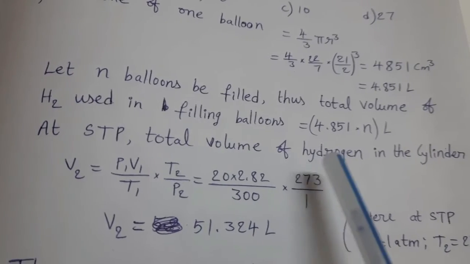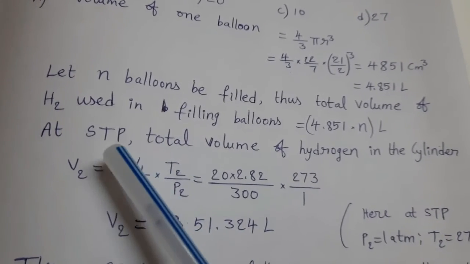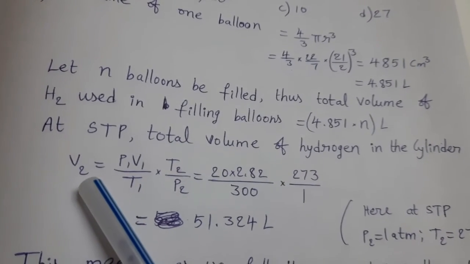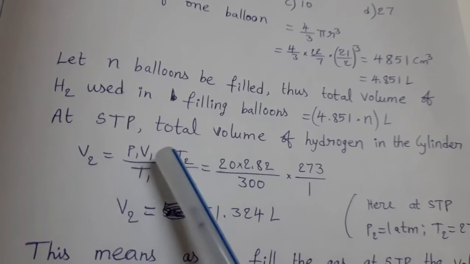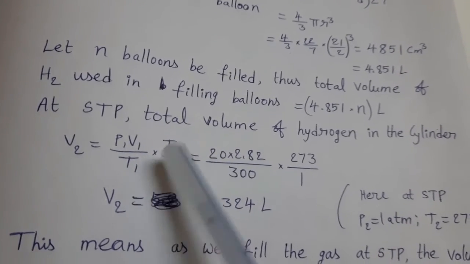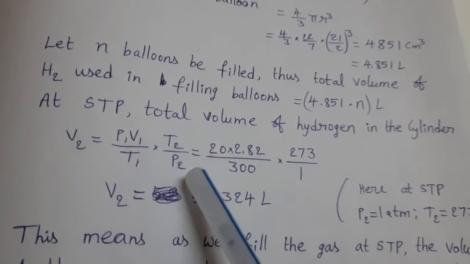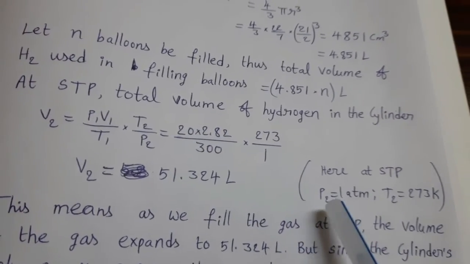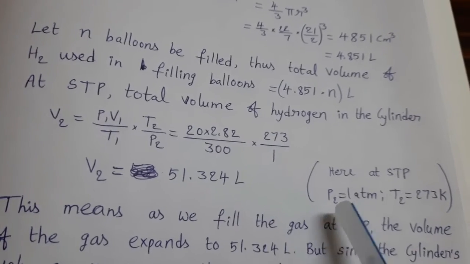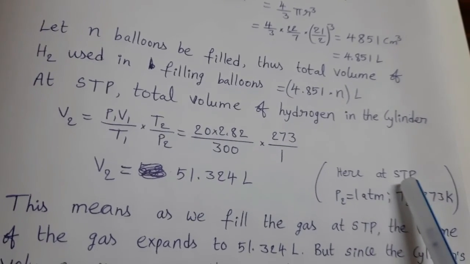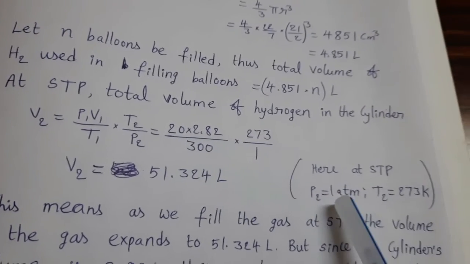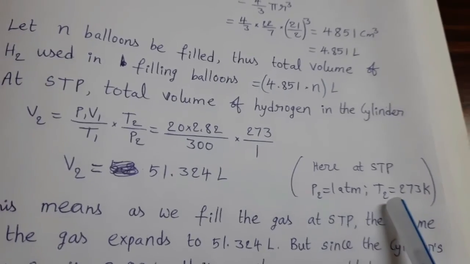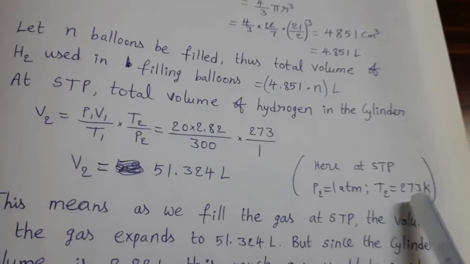So total volume of the hydrogen inside the cylinder at STP, V2 equal to P1 V1 divided by T1 into T2 by P2. See here, at STP, P2, T2, V2 are related to STP conditions. So standard temperature and pressure means 1 atmosphere pressure and temperature 273 Kelvin.